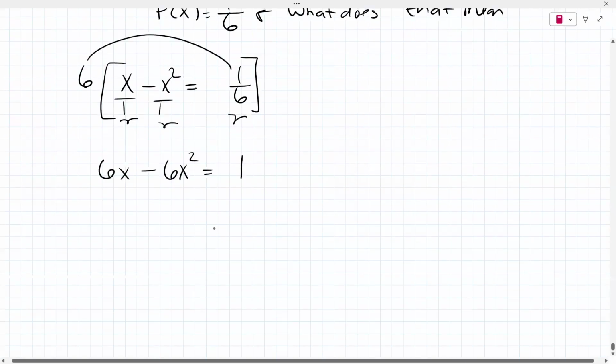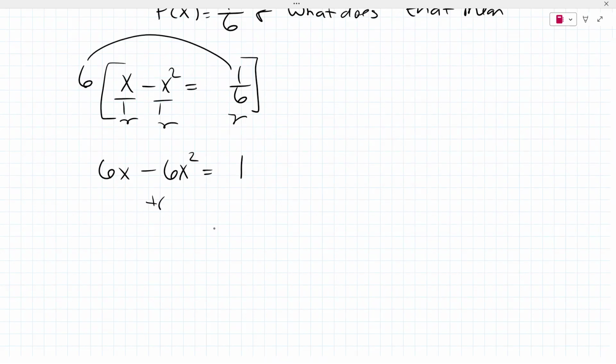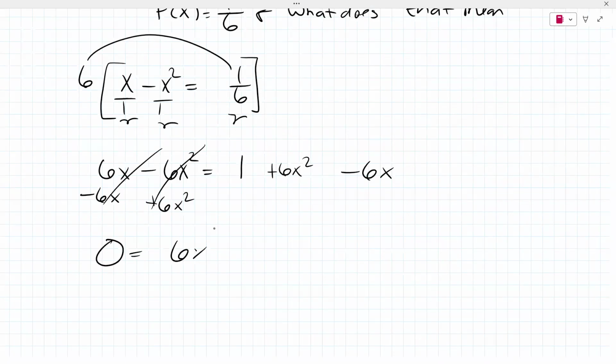And we'll probably get a factor, so we got to get one side 0. So maybe we can move everything to the right. The 1 cancels, you're left with 0 equals, let's put this from highest order to lowest. And yikes, it doesn't factor nicely.